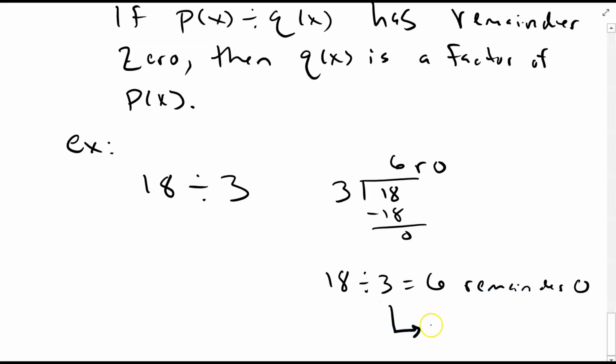So can I turn this into a multiplication problem? Sure I can. 18 is going to equal that divisor times the quotient, right? This looks like a factored form for the number 18, doesn't it? That's precisely what the factor remainder theorem is saying, except instead of doing this for numbers, we're going to do this for polynomials.